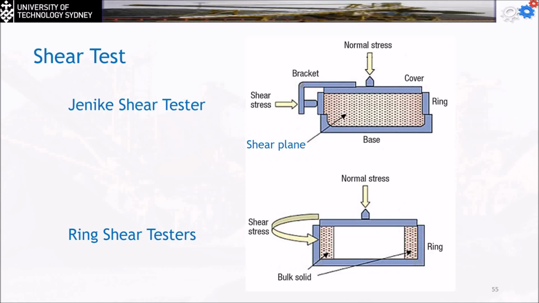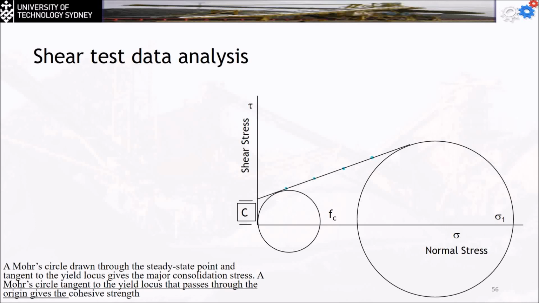Then you have to do the circle. These are the points you got, the shear stress and the normal stress. You make your line between them, and you make two circles to give you the value of the critical stress and the maximum stress. So common causes of the failure of the silos are the shock load during the arch collapse. What happens is that the arch starts to occur by mistake.